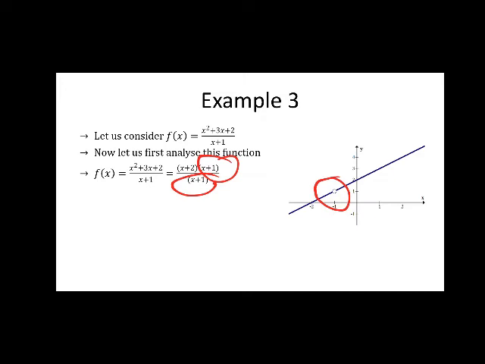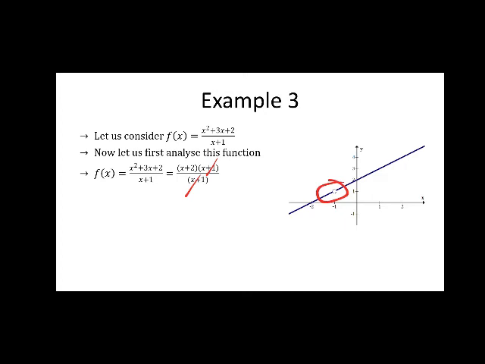Why? Because there is a 0 in the denominator. And that is the reason we have a hole in the graph. But if we had cancelled the x plus 1, then it would have been just x plus 2, and this function wouldn't have been exactly like this. So there wouldn't have been a hole here.